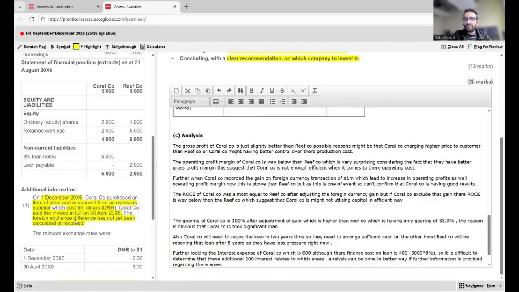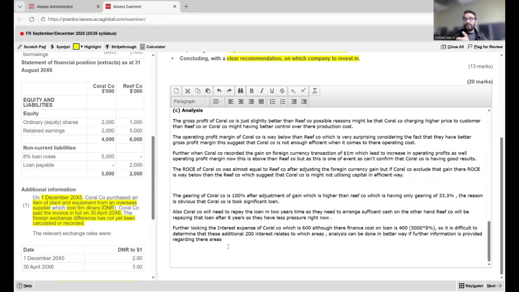There are chances these 200 interests might be some provision related things, some non-cash interest, the unwinding of provision, some type of things. There are chances that the company might have recorded that. But we can do a better analysis if further information is available. Right now, the information is not there, so we can't analyze exactly what is going on.